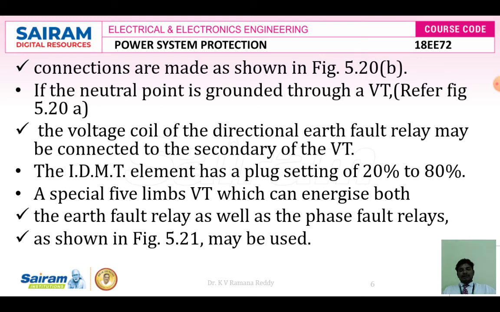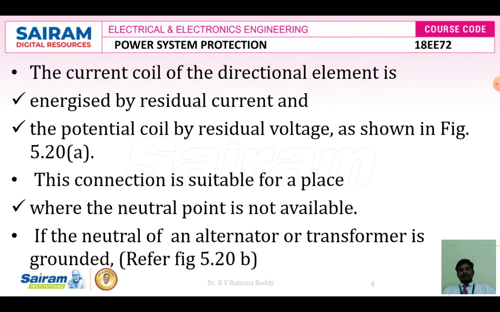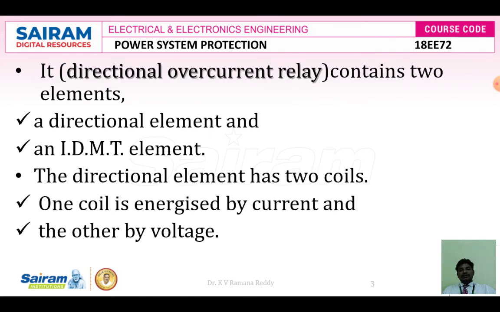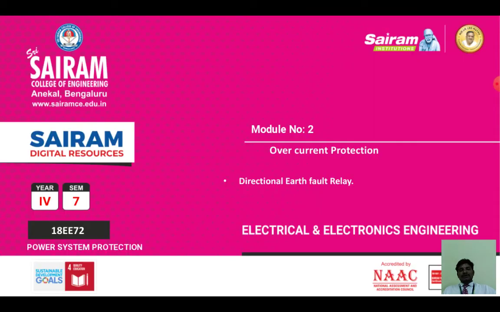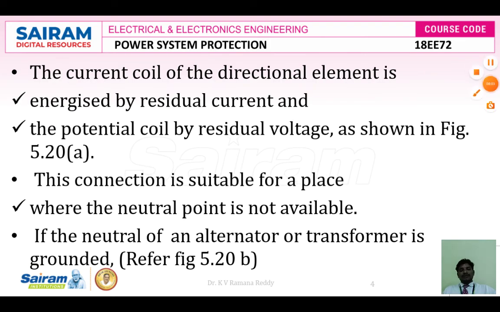Whenever the voltage falls to between 20% and 80%, we can conclude that it is a fault. The directional earth fault relay will function, and it is sensitive to actuating quantities like residual current and residual voltage. With the help of the residual current and residual voltage, we conclude whether a fault has happened or not.